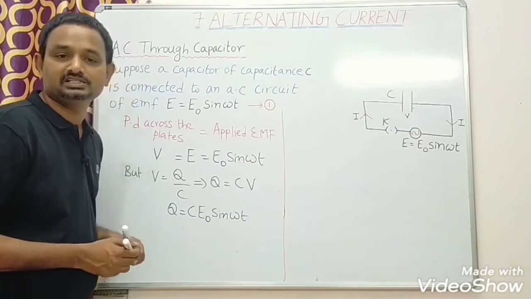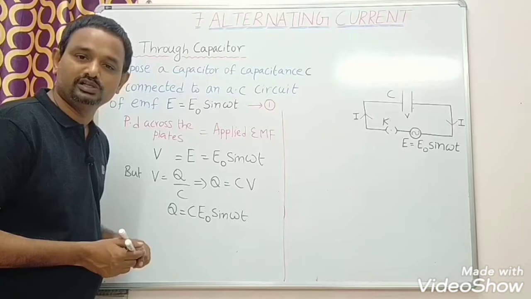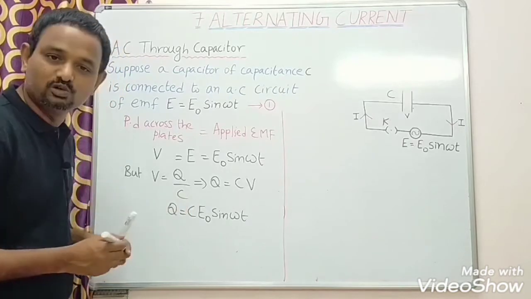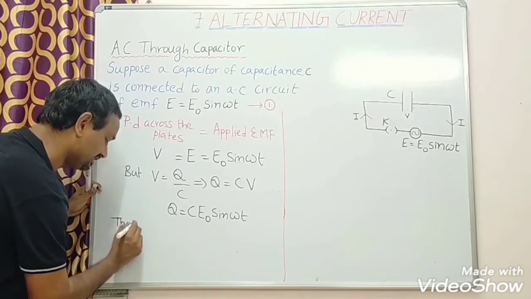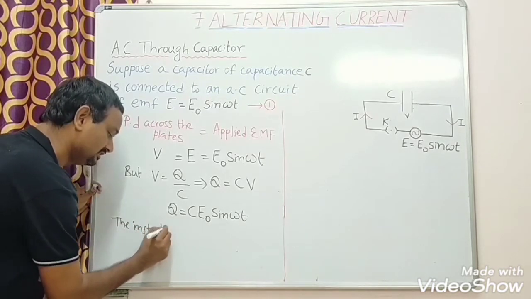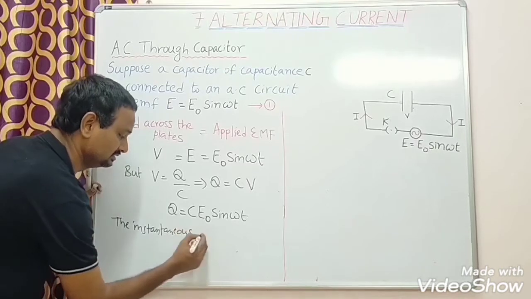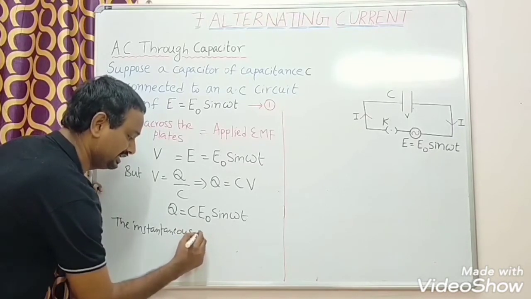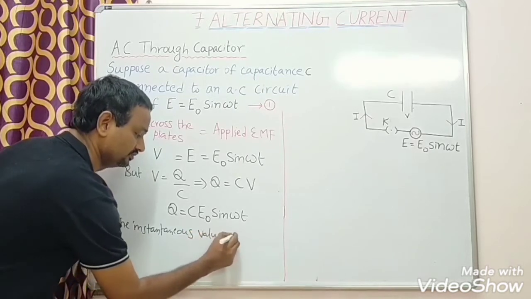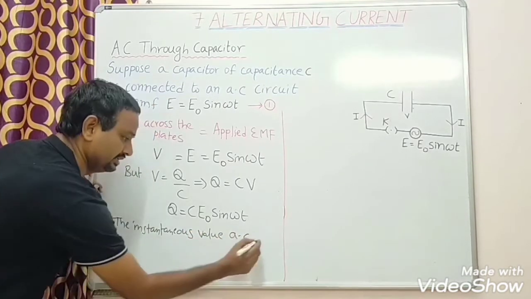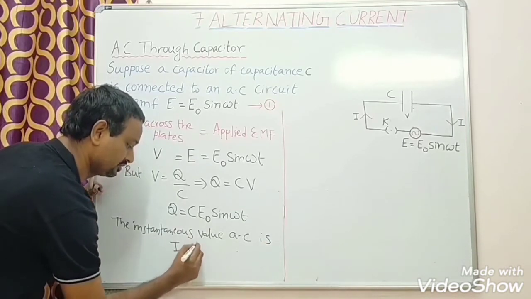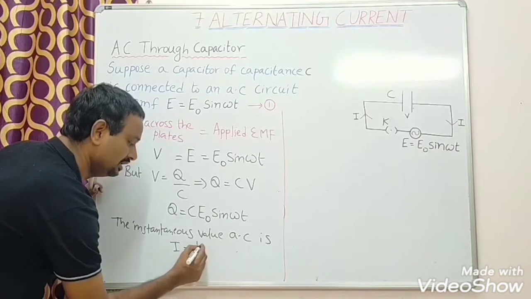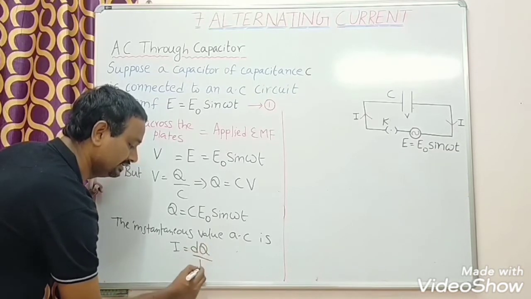But the instantaneous alternating current in the circuit is I, that is I equal to dq by dt. Look here. The instantaneous value of alternating current is I equal to dq by dt.